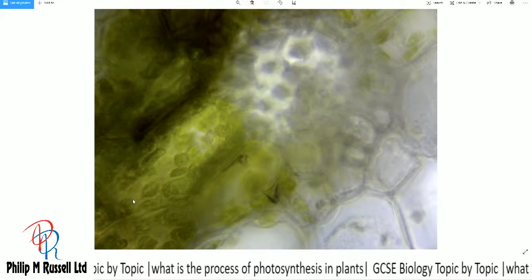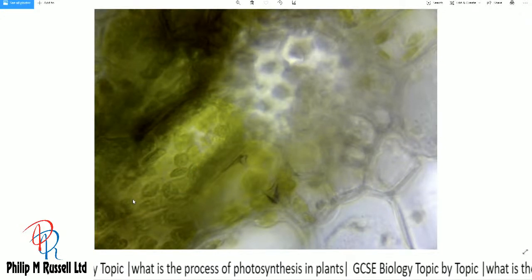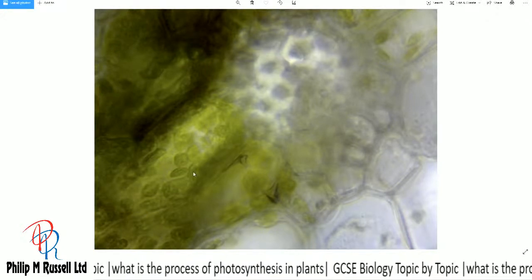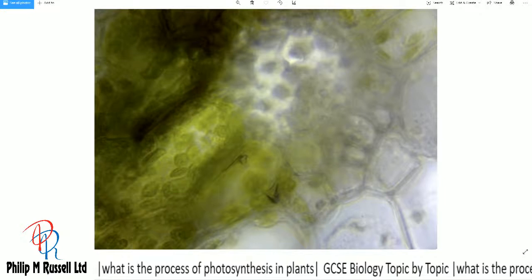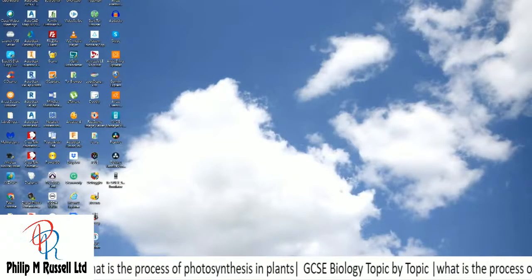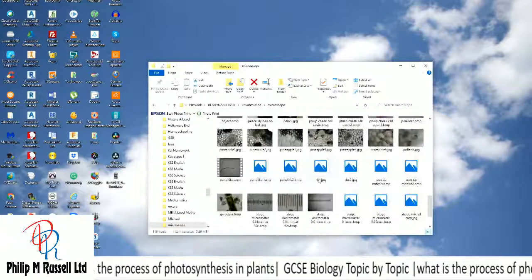And that's about the maximum magnification my microscope can go to to produce these sorts of images. What I can do is look at a whole variety of different bits and pieces.